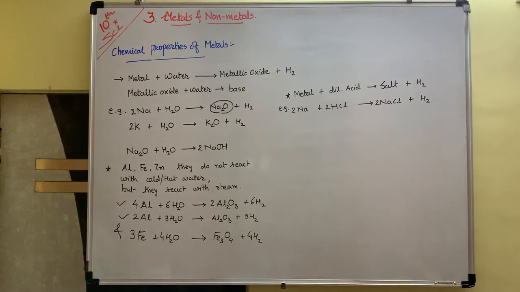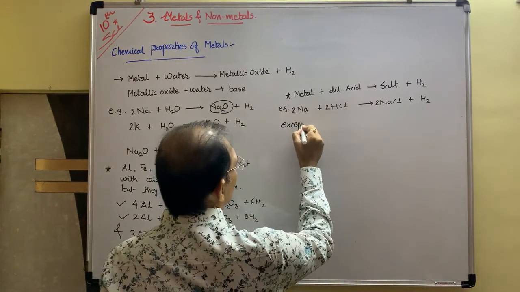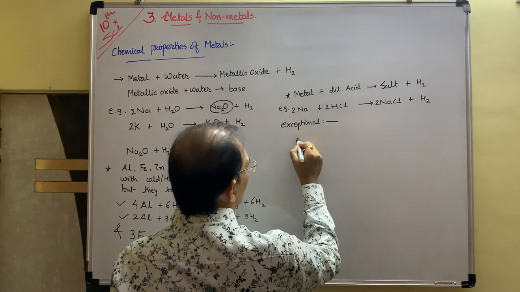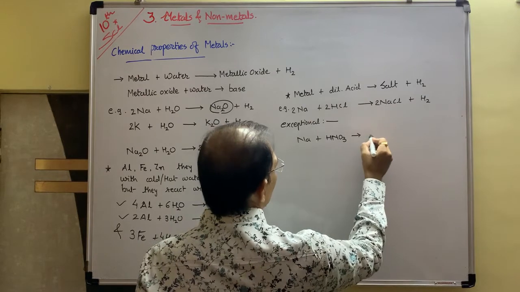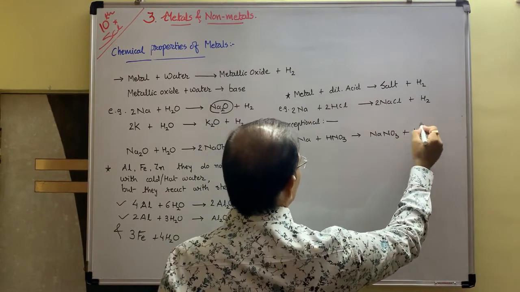Hydrogen gas is always released when metal reacts with dilute acid, but the exceptional case is what? Nitric acid. When metal reacts with nitric acid, HNO3, then sodium nitrate is formed and water vapor is released.